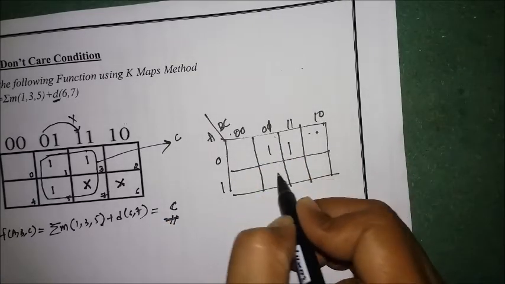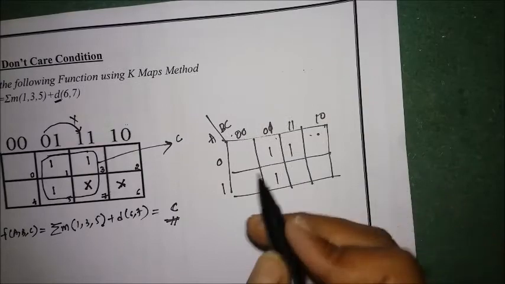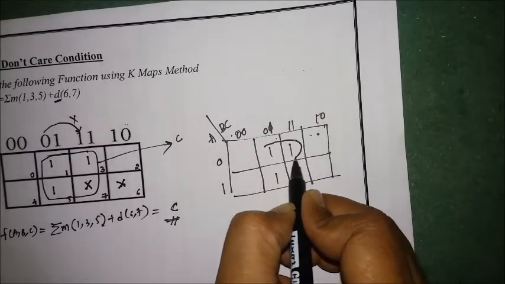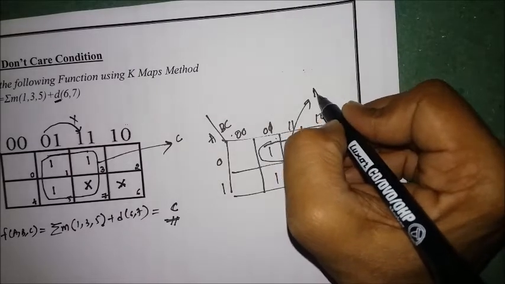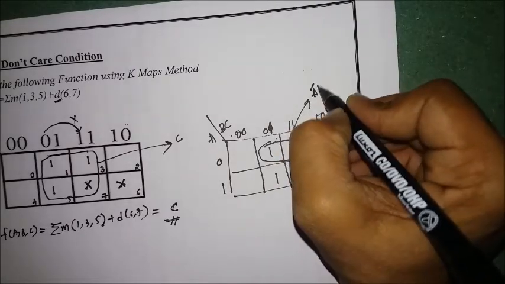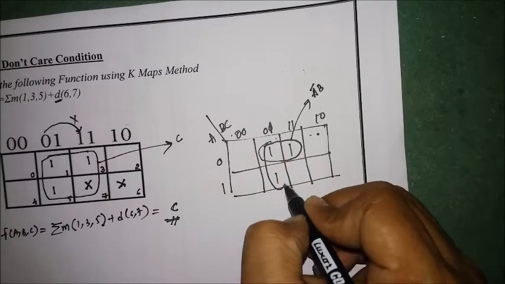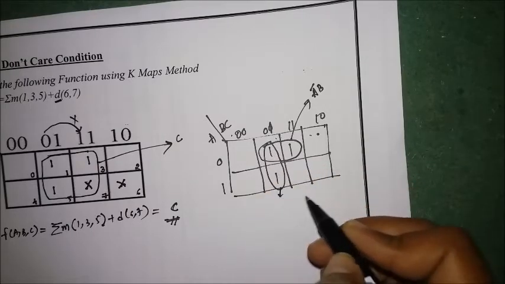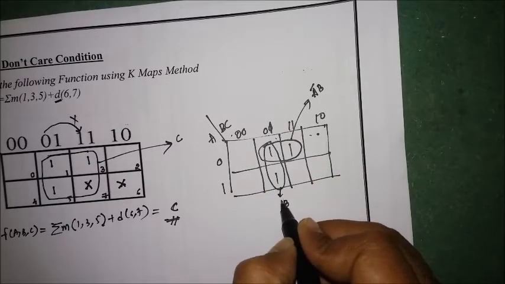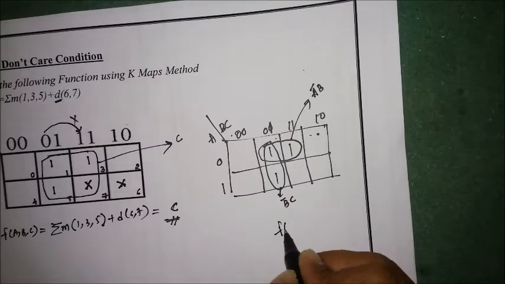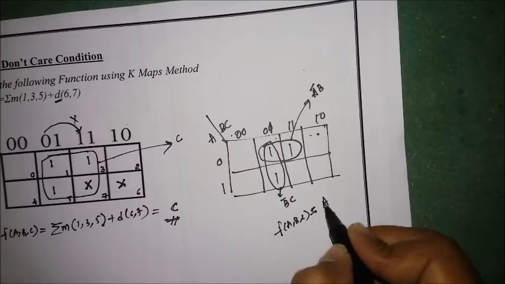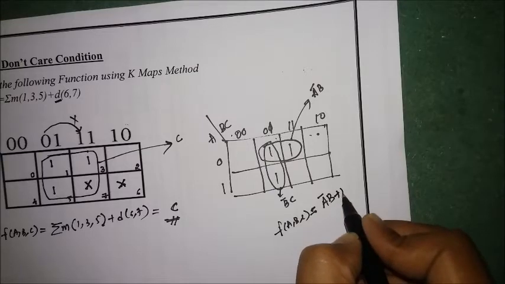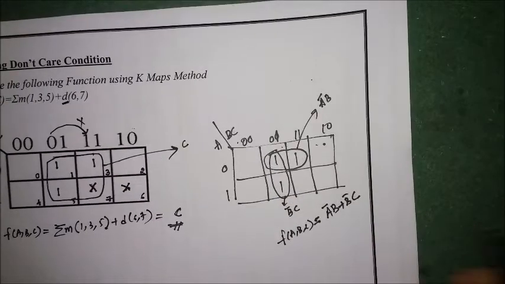I'm marking the ones here. Without don't care entries, I need to group these two separately. So I'm getting A bar B and this one as B bar C. My answer is f of A, B, C equals A bar B plus B bar C.